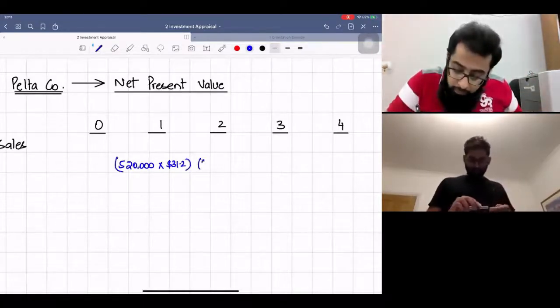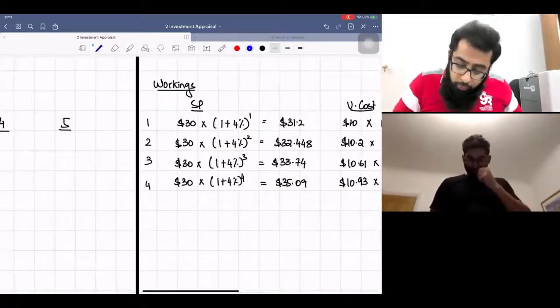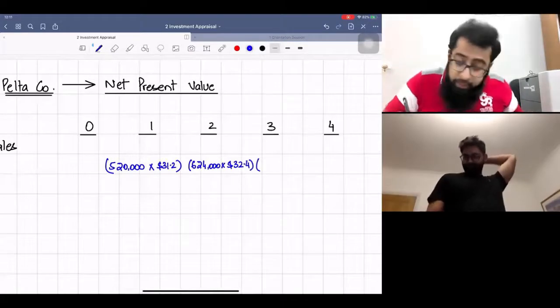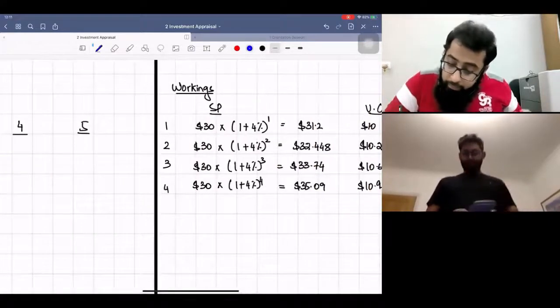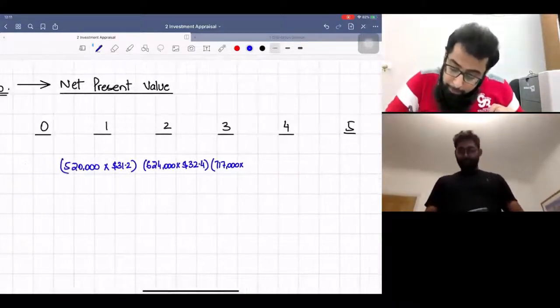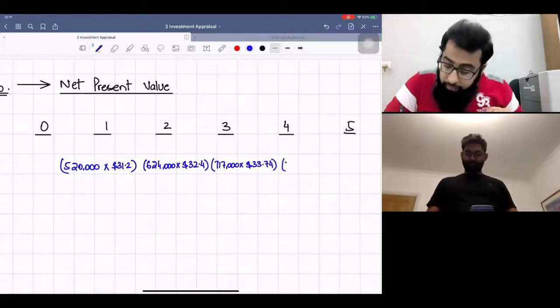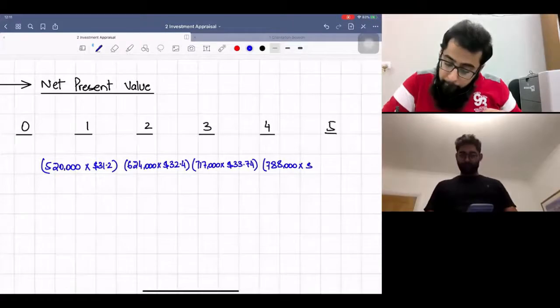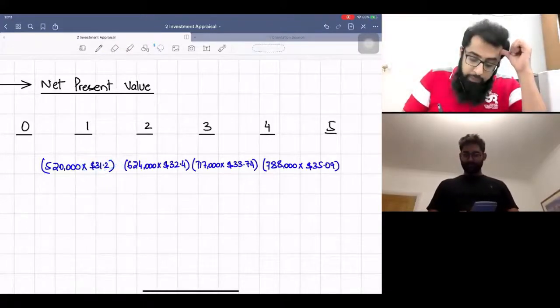Then 624,000 units multiplied by $32.4 selling price, then 717,000 units multiplied by 33.74, and then 788,000 units multiplied by 35.09. So what will be my sales?